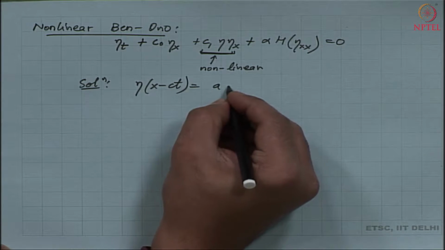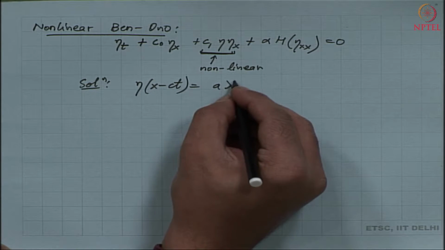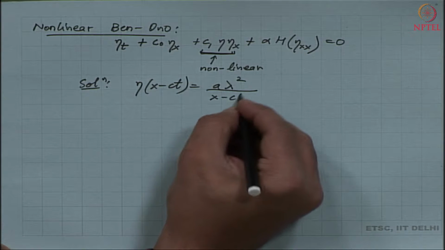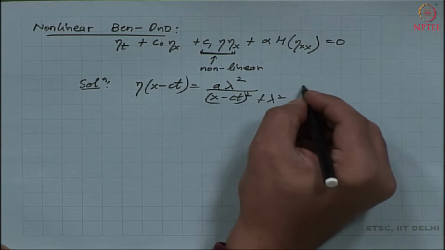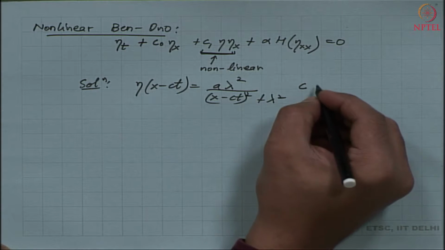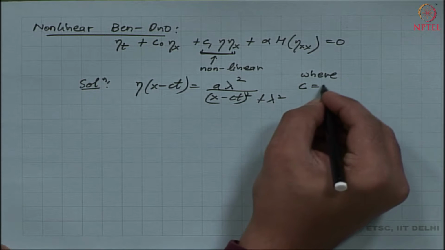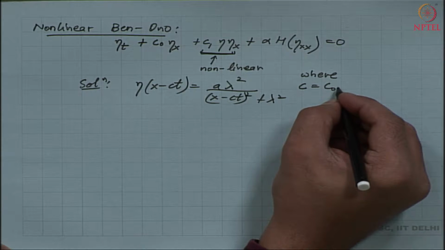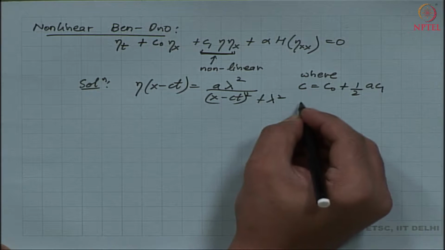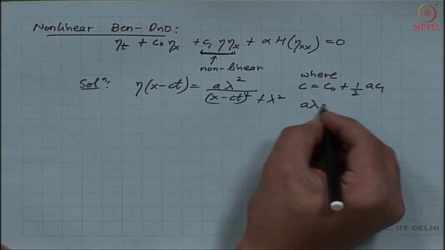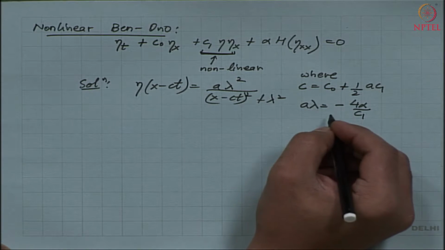So this is given by a times lambda square divided by x minus c t square plus lambda square, where my variable c is given by the sum of two variables, c naught plus half a c1, and lambda is equal to negative 4 alpha by c1.